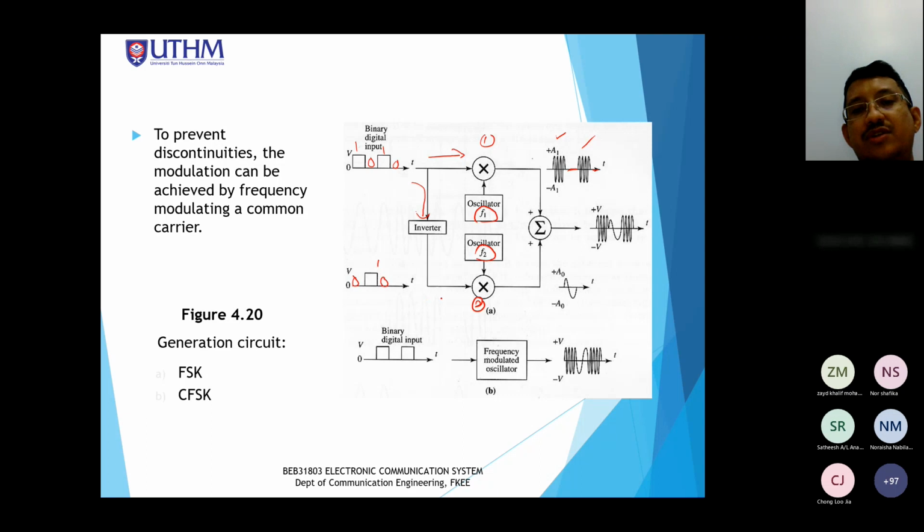So 0 1 0 will be passed through the second balanced modulator, multiplied with the second oscillator with frequency F2. F2 is smaller than F1. Okay, the frequency is lower than F1.